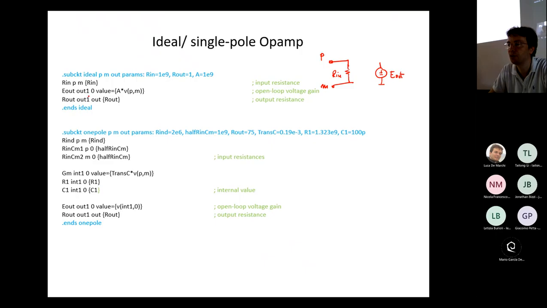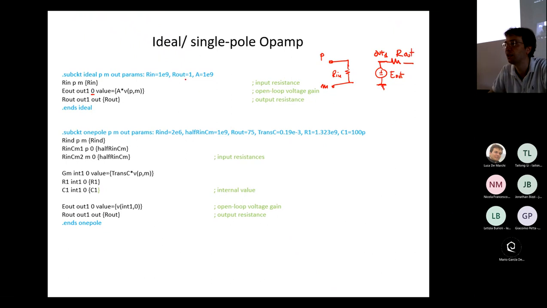This generator is connected to the ground and to node out 1. And then from node out 1 to the actual output of the circuit, we have this R out resistor.